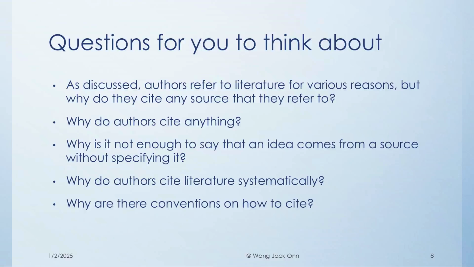Why is it not enough to say that an idea comes from a source without specifying the source? Why is it not enough to say something like, "This idea comes from one of Goddard's papers"? Why do authors cite literature systematically? Why are there conventions on how to cite?